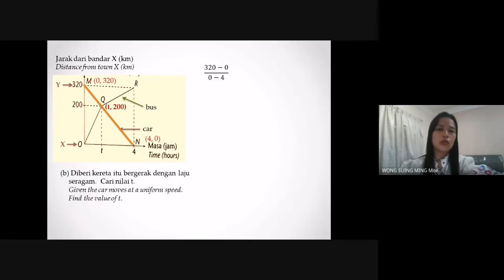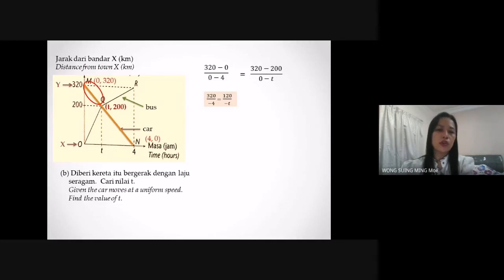So gradient of MN will equal to gradient of MQ. Gradient of MQ, 320 minus 200 over 0 minus t. So we have 320 over negative 4 equal to 120 over negative t.